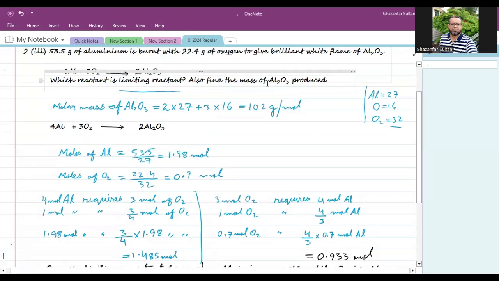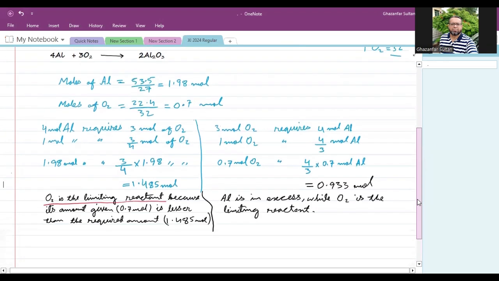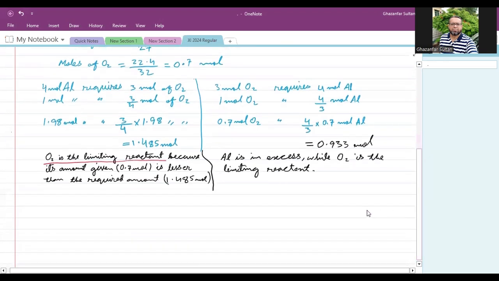Next, the main part of the numerical is to find the mass of the aluminum oxide produced. We have found the limiting reactant, so further calculation will be carried out using the number of moles of oxygen that we have already calculated. It is 0.7 mole. Again, we need the chemical equation for further calculation.